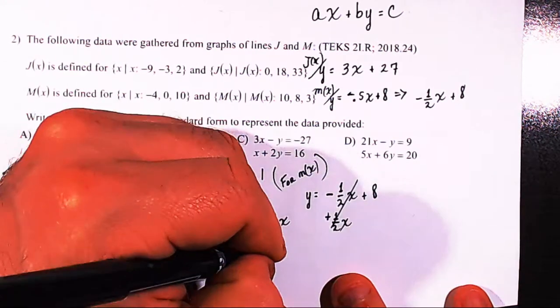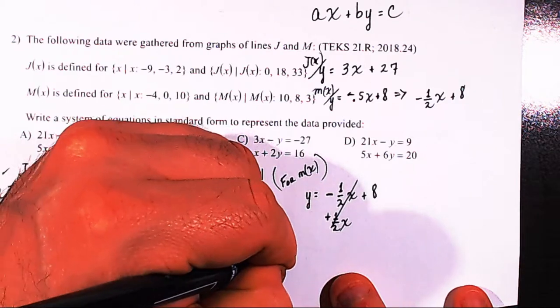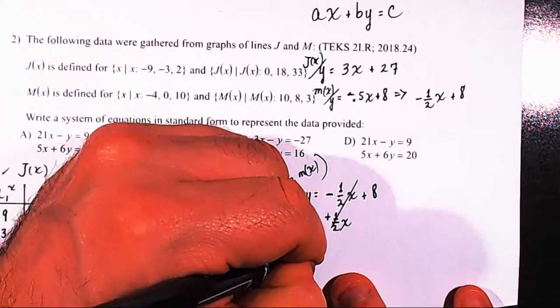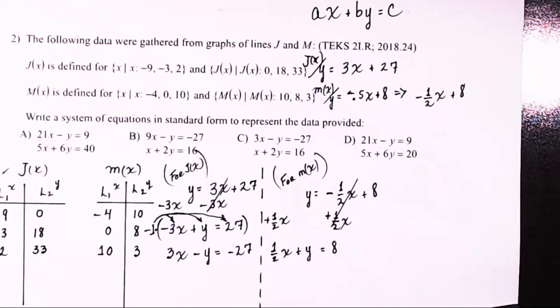And on the left side, I'll just rewrite 1/2 x plus y equals 8. Is this in standard form? No, because the first coefficient, 1/2, is a fraction, and we need the coefficient to be a positive whole number.